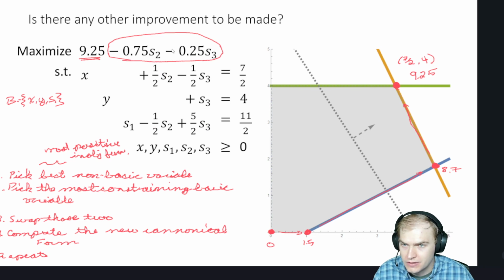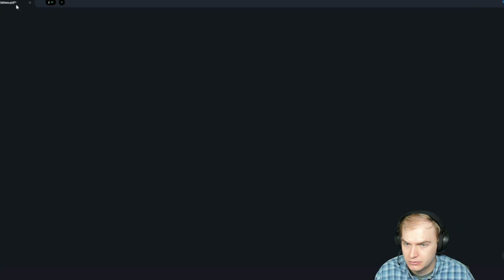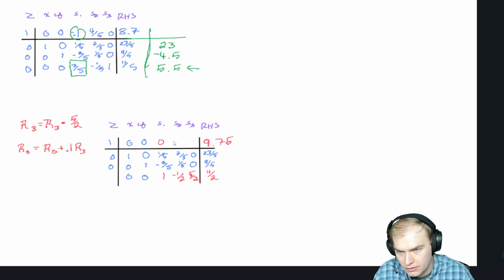We have negatives here, but remember we negate that. So positive 3/4 and positive 1/4. And 9.75.